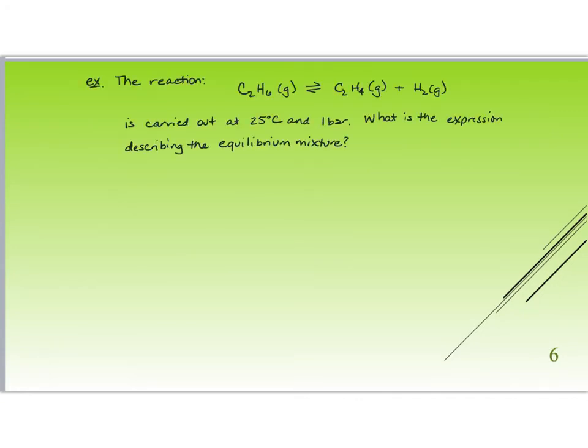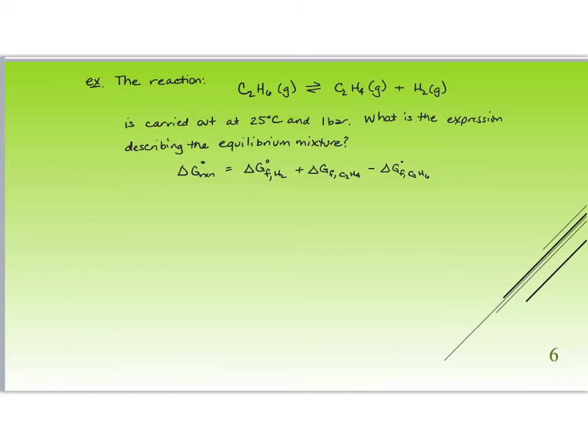So let's look at the reaction C2H6 going to form C2H4 plus H2, and all of these in the gas phase. We're going to carry out this reaction at 25 degrees C and 1 bar, and what we want is an expression that will describe the equilibrium mixture. So first we're going to need to figure out the delta G of reaction.